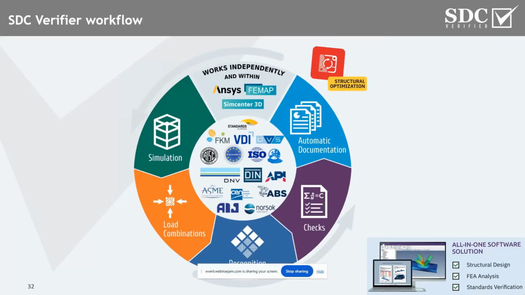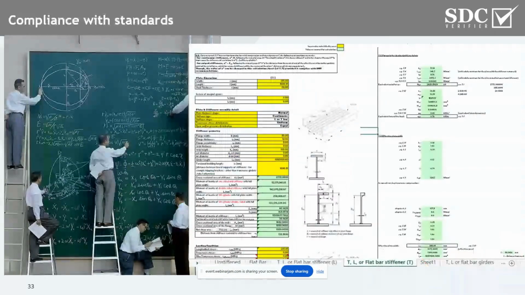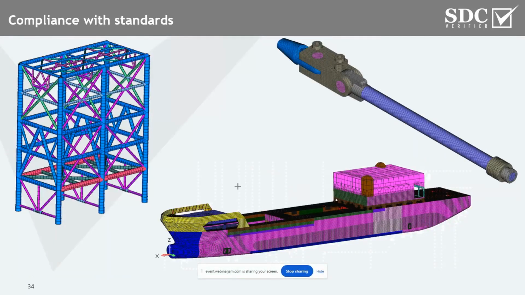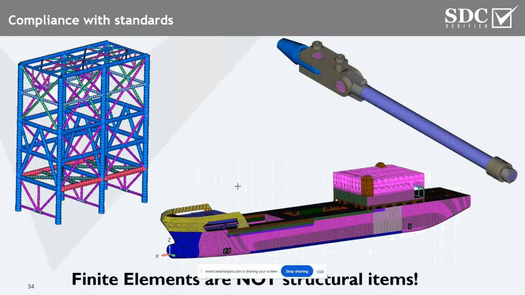But then there is a question: we ended up with this step, and the next logical step is that we want to conduct our checks. Of course we can use our hand calculation spreadsheets based on our basic outcomes, but this is definitely not something we would like to go on, because we should remember that a finite element model consists of finite elements and not structural items.